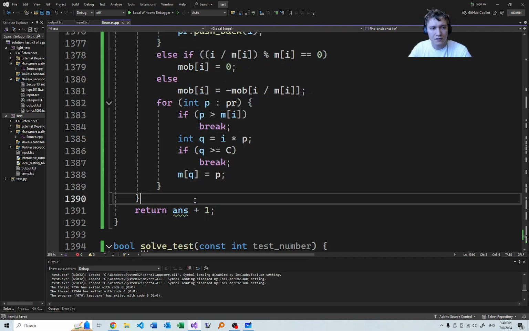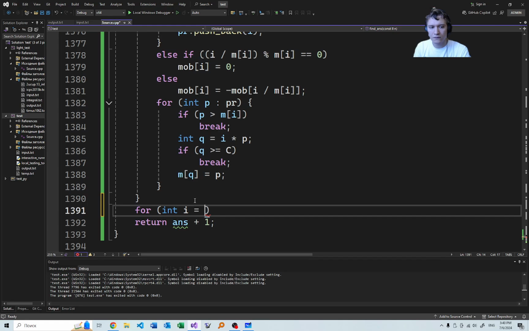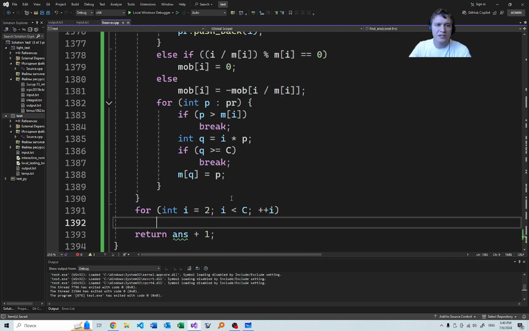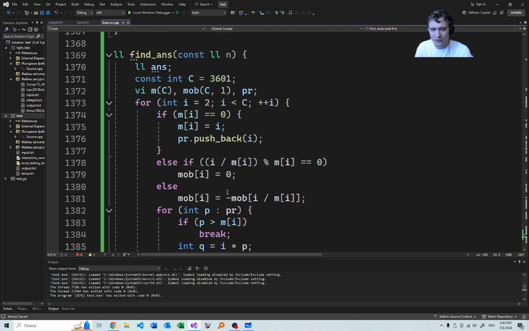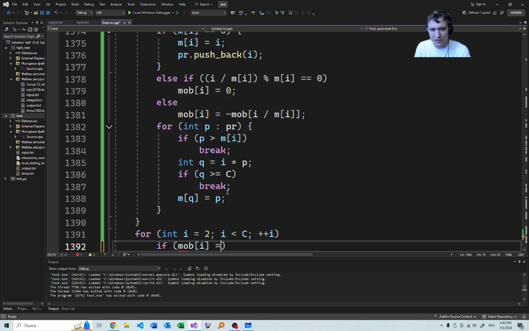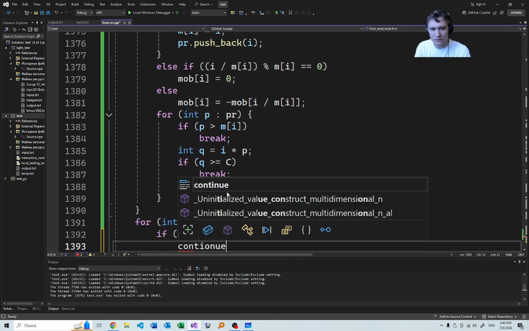That's it. Then we need to go through all i's here, and if Möbius of I is 0, then continue.